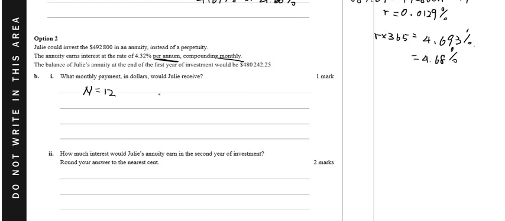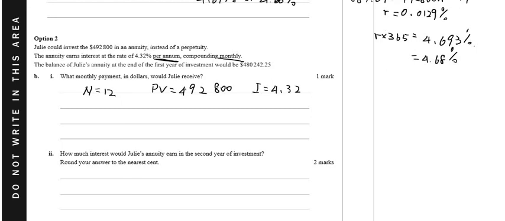Your present value will be the starting value, so that's 492,800 there. And your I in percentage is equal to 4.32.